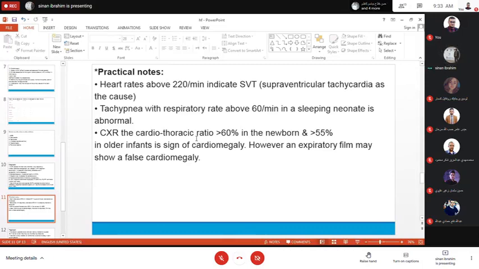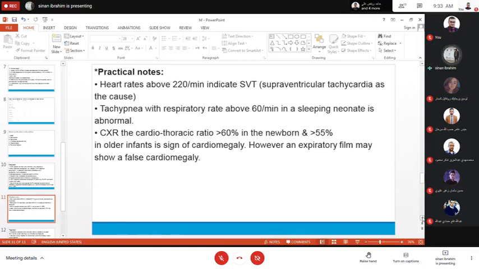And maybe there is a false positive result because the patient cannot take a full deep breath. You know, in the adult, we tell the patient to take a deep breath and take the X-ray.